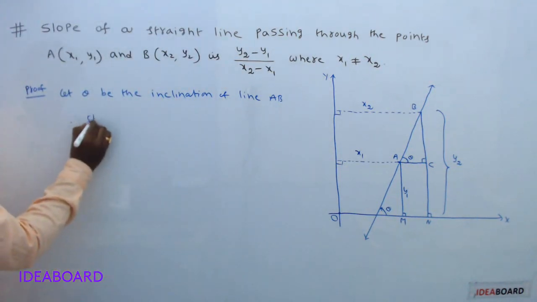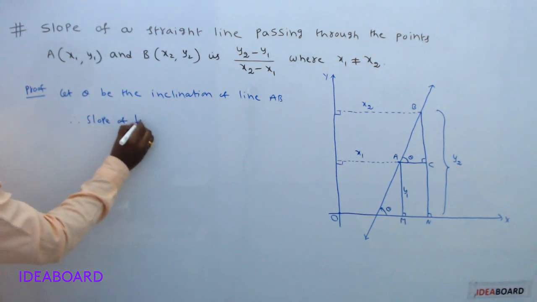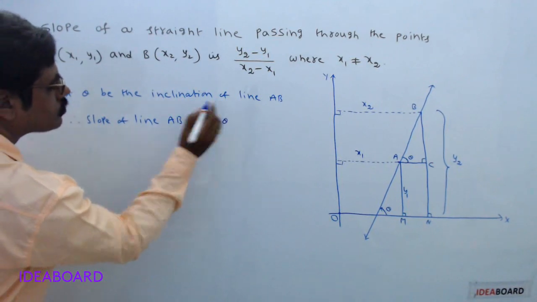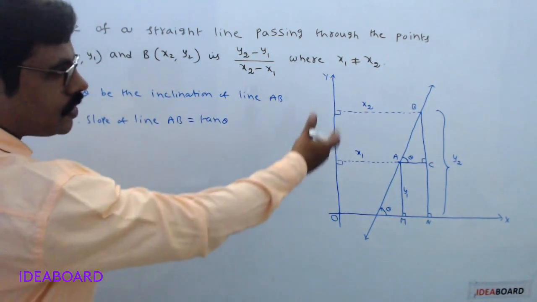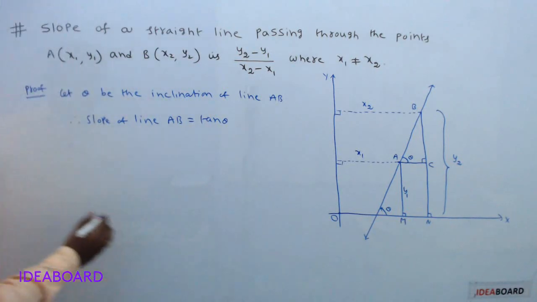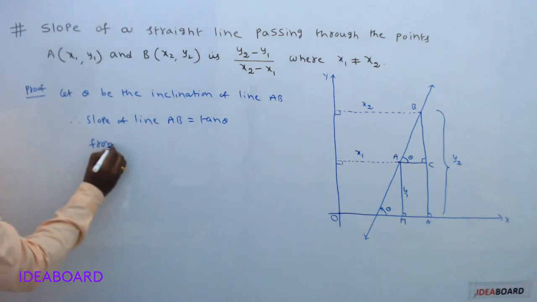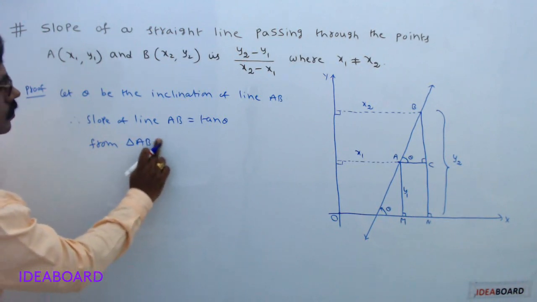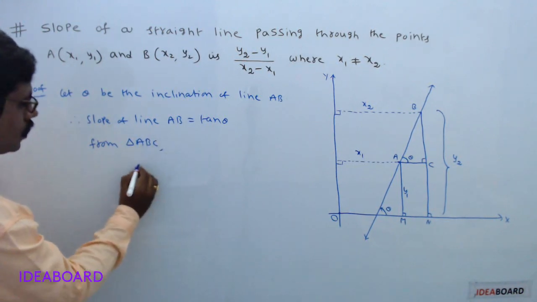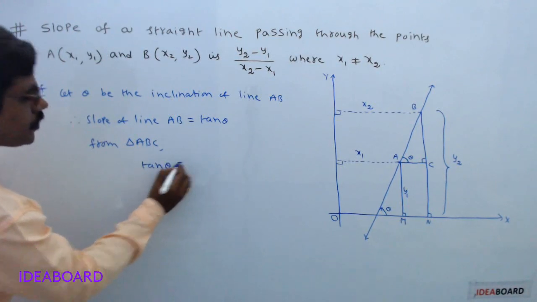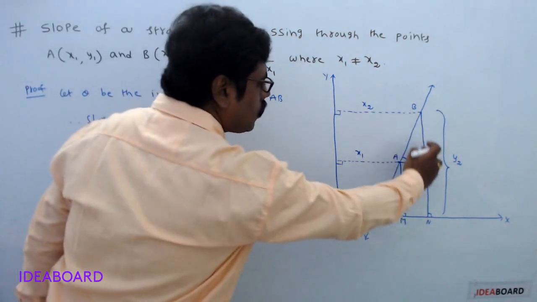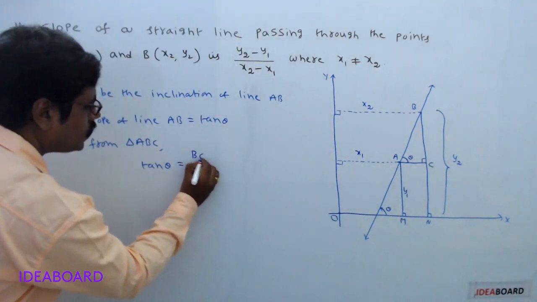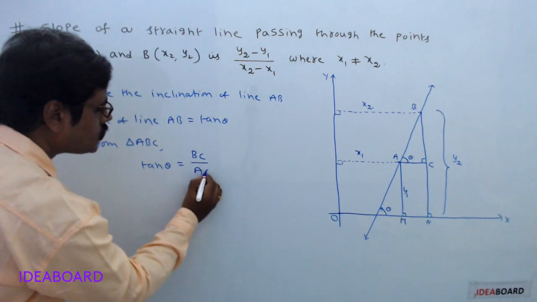Therefore, slope of line AB equals tan theta. Now from the diagram, ABC is a right angle triangle. So from triangle ABC, tan theta can be taken as opposite side divided by adjacent side, that is BC divided by AC.